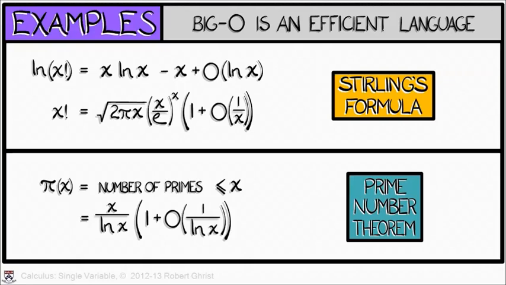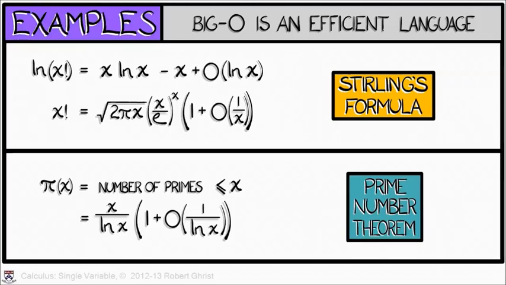And that's not exactly what it is. That's just the leading order term. But pi of x is x over log x times the quantity 1 plus something in big O of 1 over log of x.